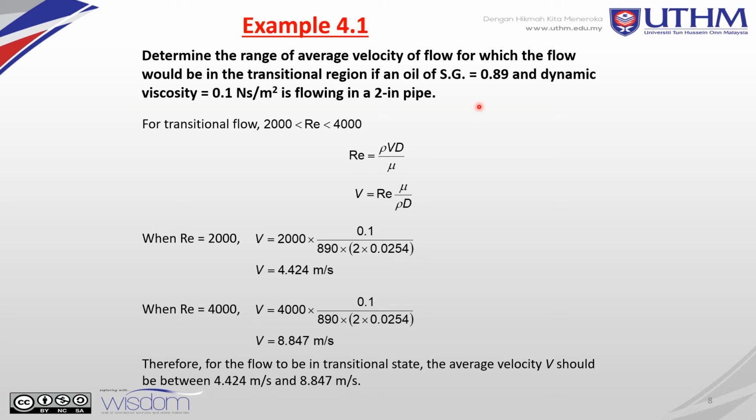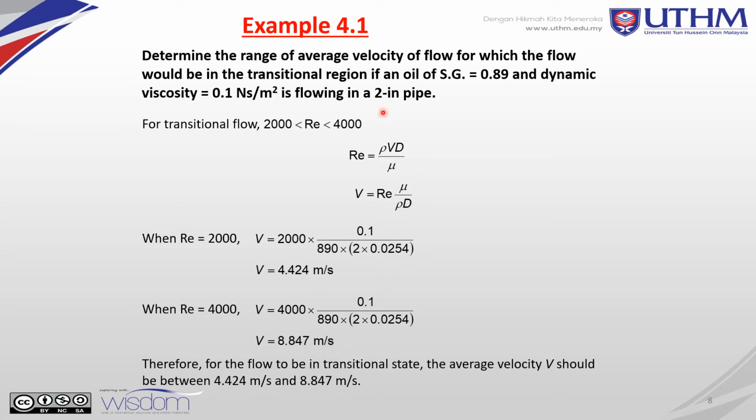For transitional flow, the Reynolds number is between 2000 and 4000. So we find the velocity: when Reynolds number is 2000, the velocity is 4.424 meter per second. When the Reynolds number is 4000, we get a velocity of 8.847 meter per second.